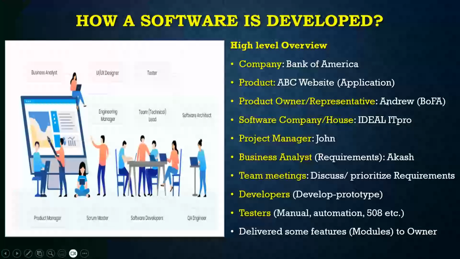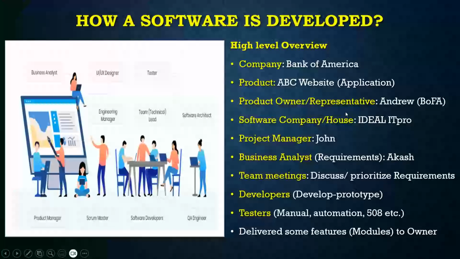They ask their representative to look for a software company who can develop that software. Let's say that representative's name is Andrew from Bank of America. We have a software company or house. We develop, we test, we deliver a quality product to an end user. Let's say our end user is Bank of America. So our company name is Ideal ID Pro.